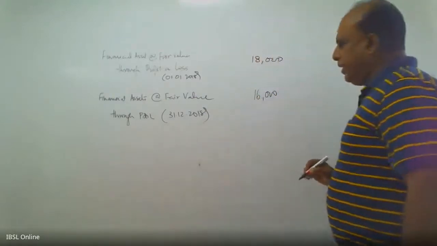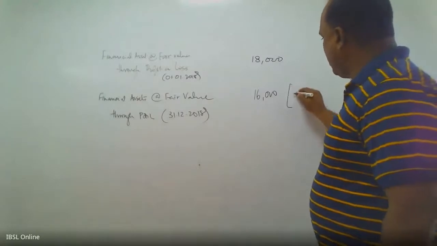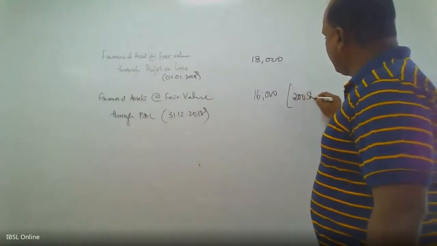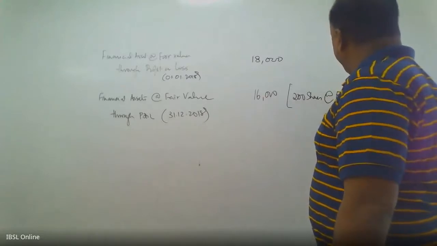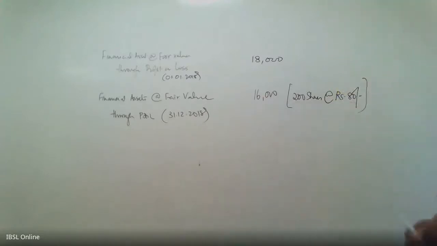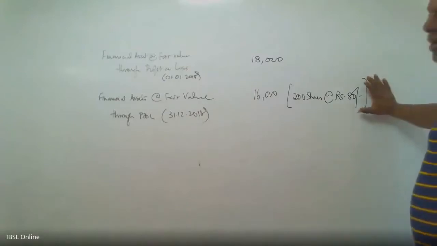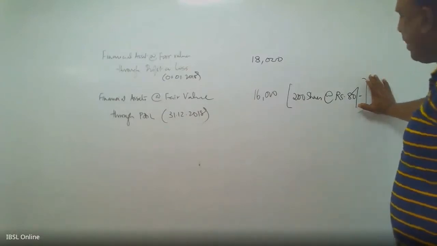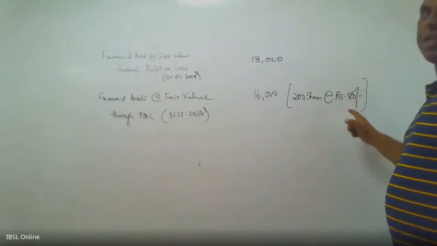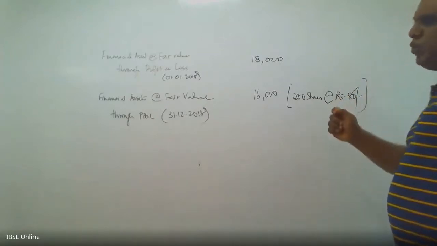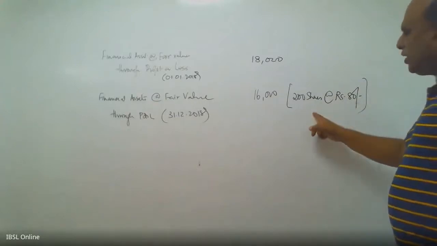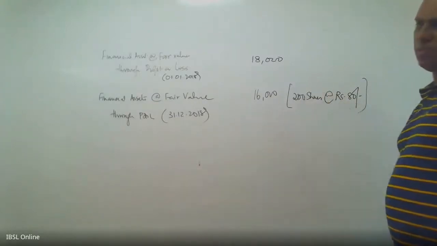Why? They say 200 shares at the rate of 80 rupees each. Which means these shares are listed in the stock market and traded at 80 rupees per share. So every share is 80 rupees, which means for 200 shares, it will be 16,000.